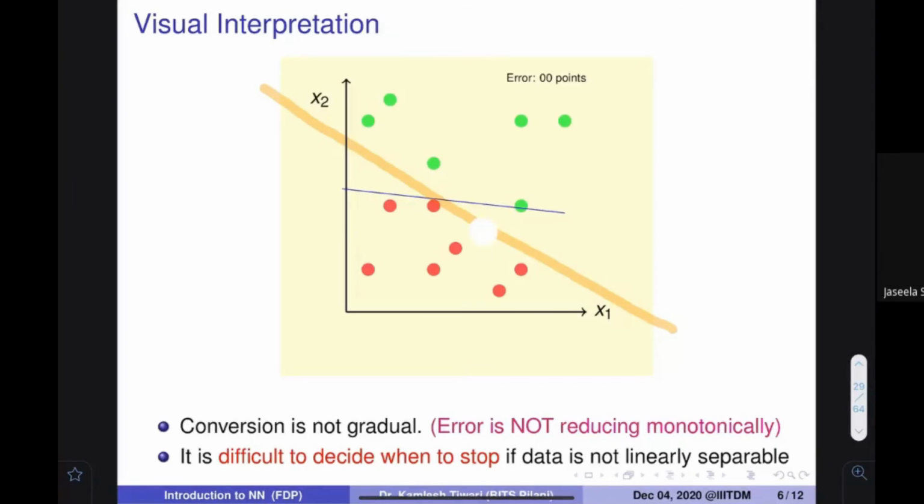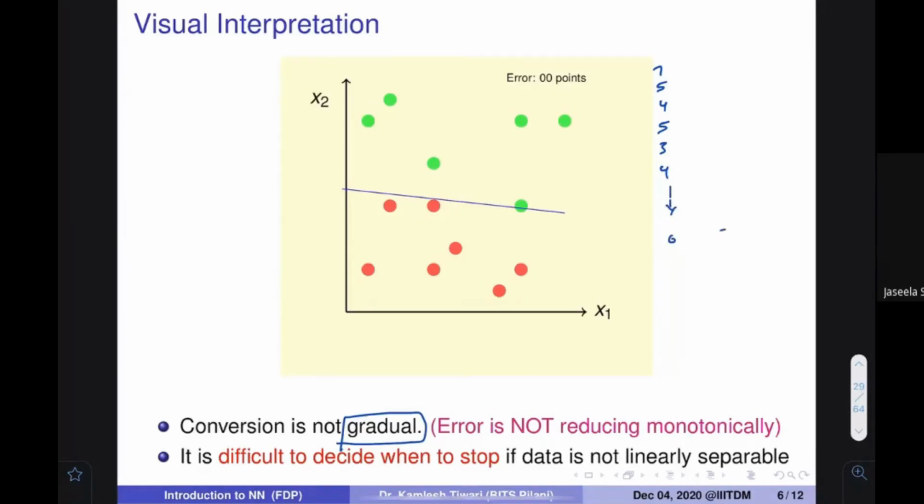So we should write and highlight a few things, that this decrease in error is actually not gradual. Sometimes there was 7 errors, then 5, then 4, then again 5, then 3, then 4, like that, and after that it becomes 0.